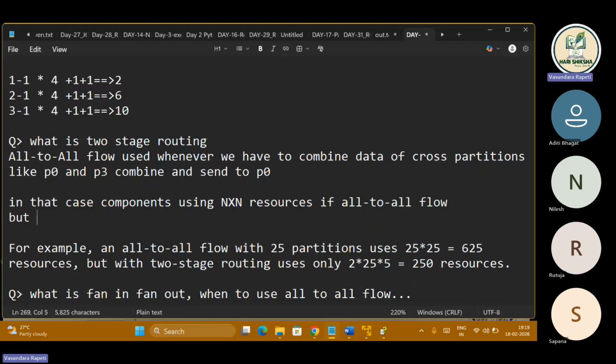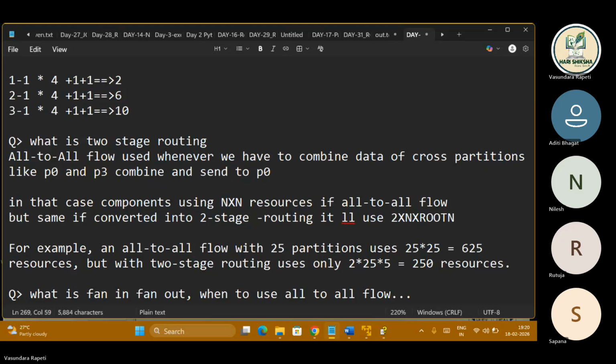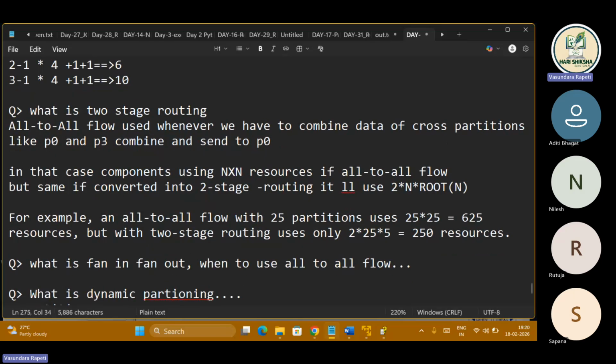But if the same is converted into two-stage routing, it will use 2 into n into root n. I don't have a root symbol, root n. Okay, this much resource. That is the benefit of using two-stage routing.